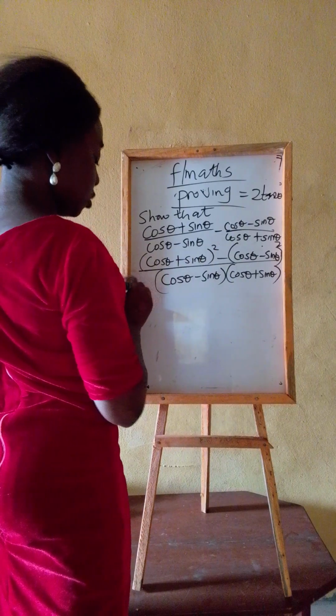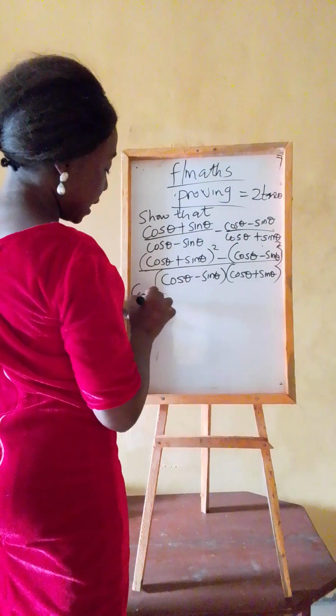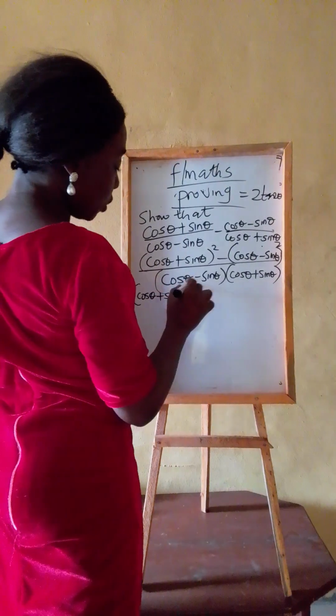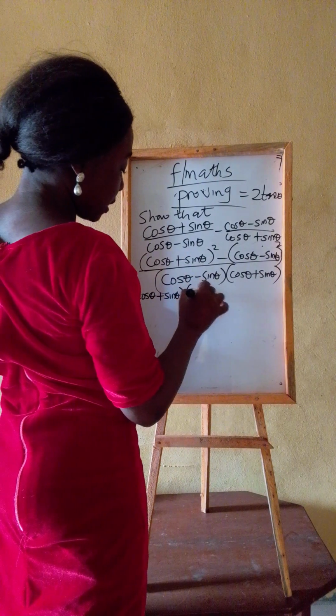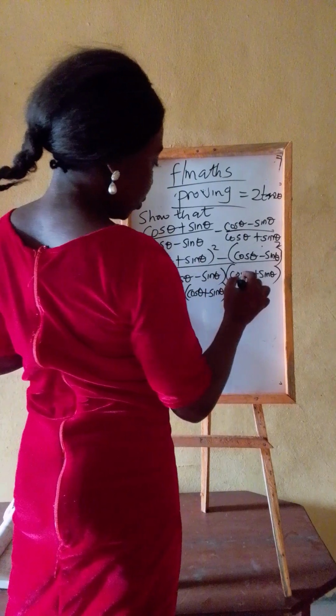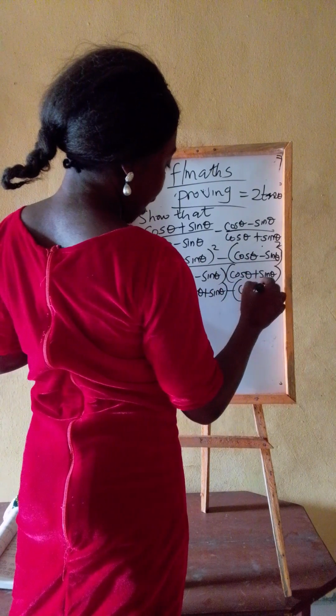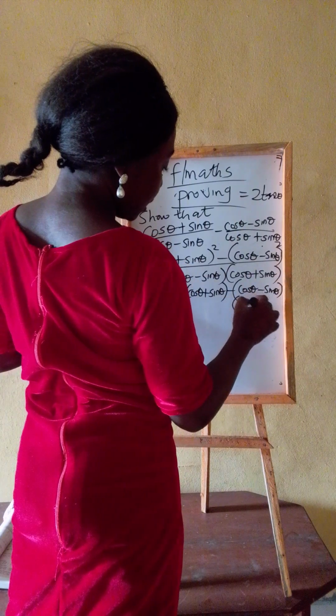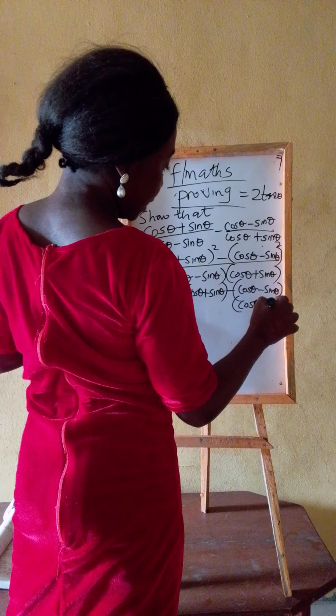So what's the next thing to do? We multiply it twice. Minus cos theta minus sin theta, cos theta minus sin theta.